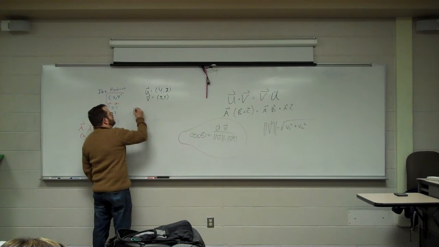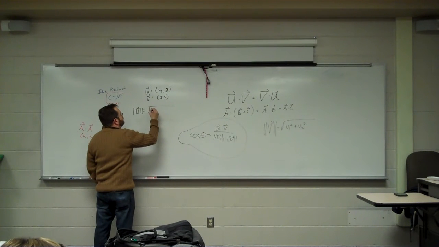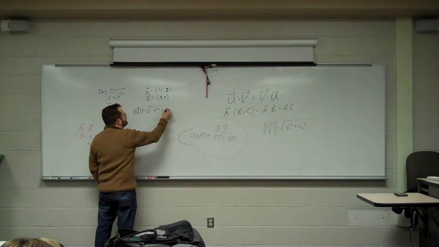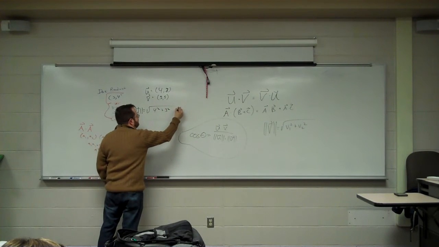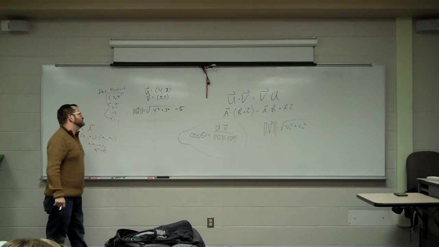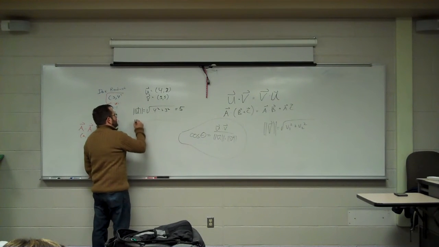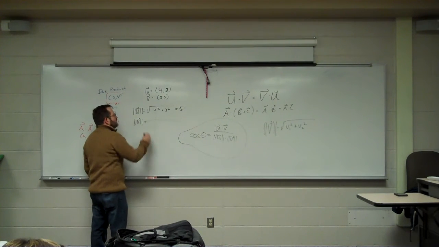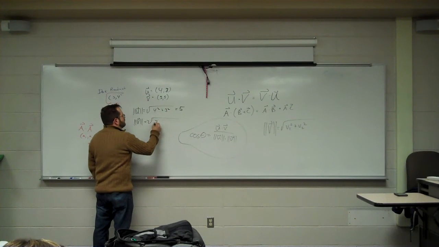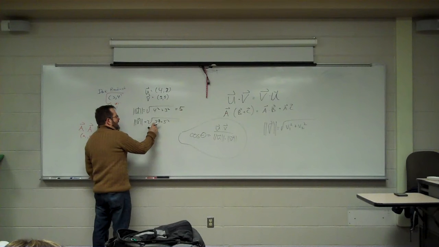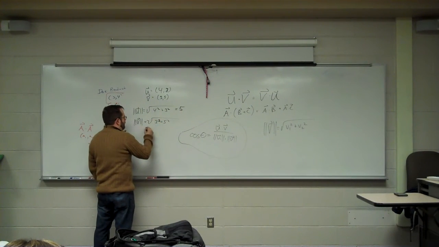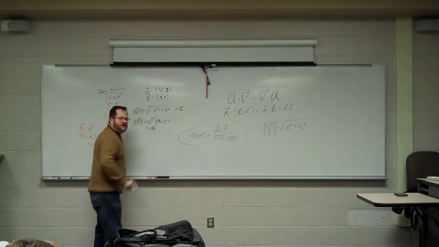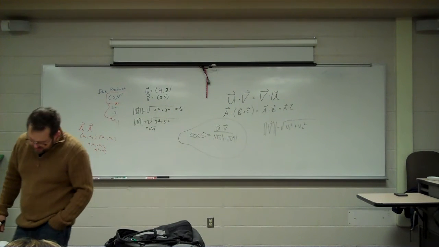The magnitude of u is the square root of 4 squared plus 3 squared. 16 plus 9 is 25, and the square root of 25 is 5. Now the magnitude of v, because we'll need that as well: the square root of 3 squared plus 5 squared. 9 plus 25 is 34. Square root of 34. Does that simplify at all? I don't think it does.